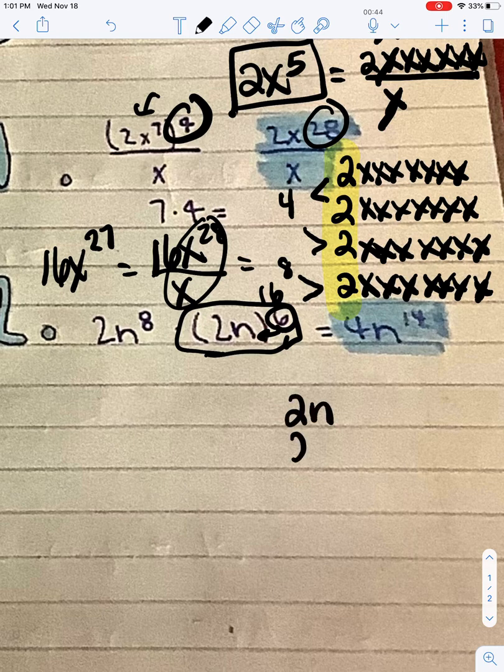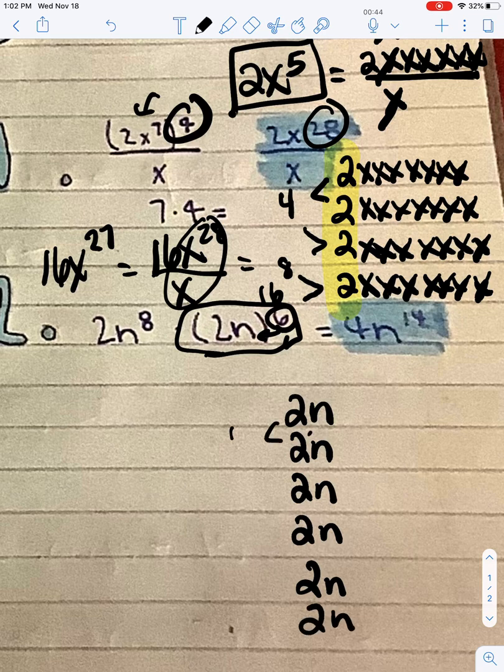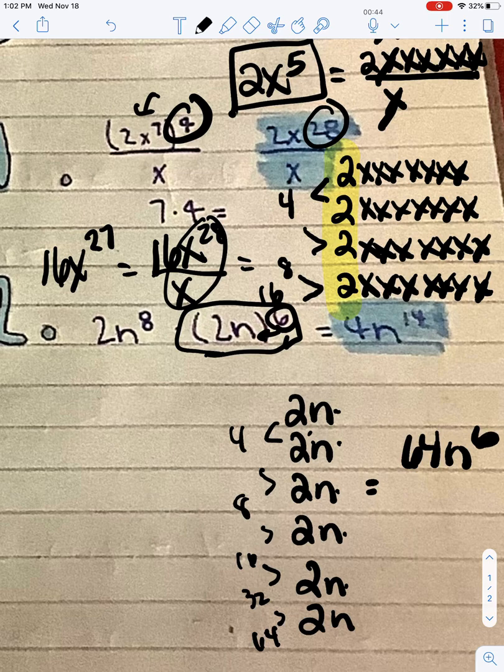So 2 times n, 2 times n, 2 times n, 2 times n. 1, 2, 3, 4, 5, and 2 times n. So 2 times 2 is 4, 4 times 2 is 8, 8 times 2 is 16, 16 times 2 is 32, 32 times 2 is 64. So we have 64n to the 6th power.